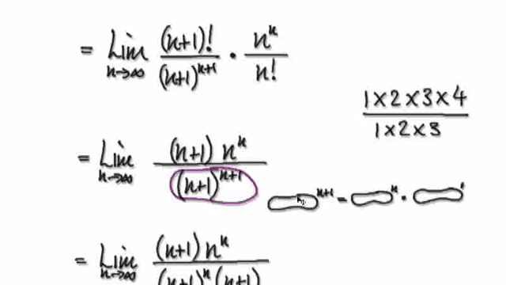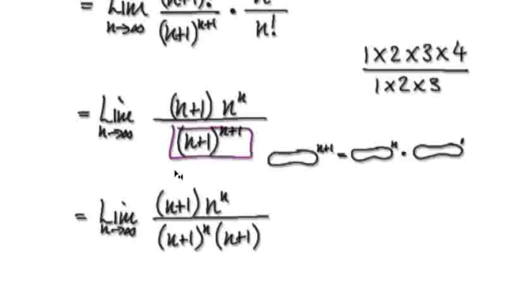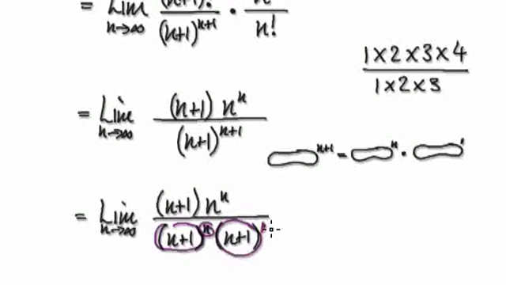Remember, if you have something to the power of n plus 1, that's the same as having the bubble to the power of n times the bubble to the power of 1. So we can write n plus 1 to the power of n plus 1 as n plus 1 to the power of n times n plus 1 to the power of 1.